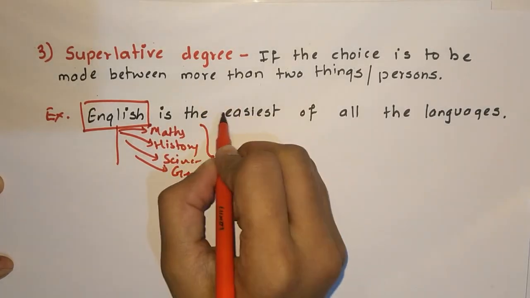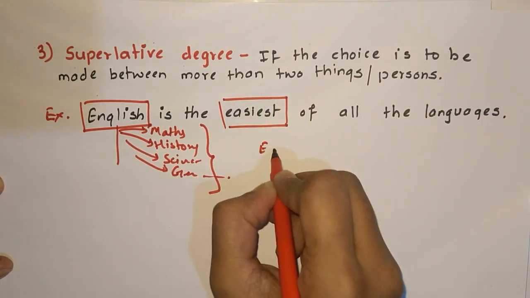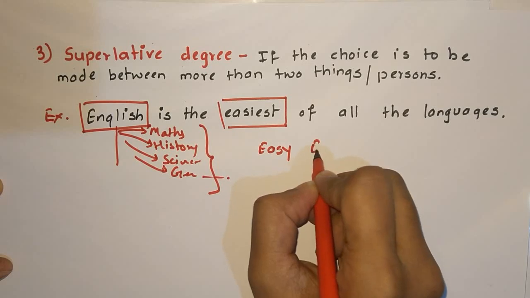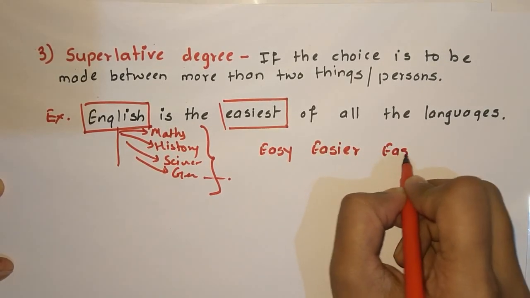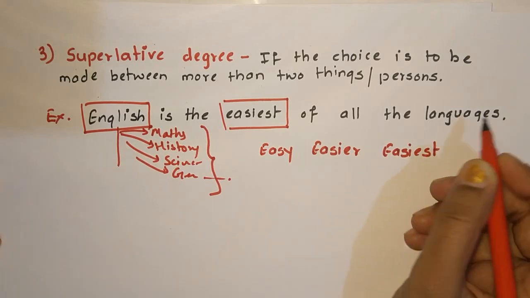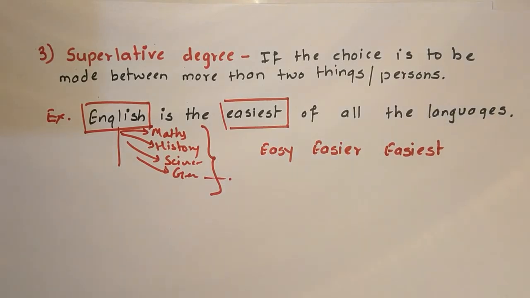Hence we used superlative degree, easiest, over here. The degrees will be like easy, easier, easiest. So I think you got the idea about the degrees, positive, comparative and superlative degrees.